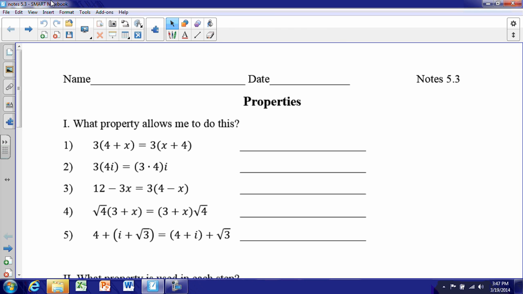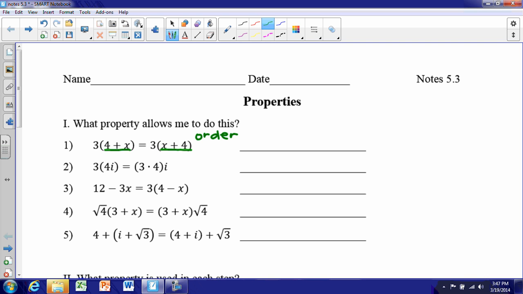So in example 1 here, we have to first figure out what is changed. If I compare the two sides, what I see that's different is the 4 plus x and the x plus 4. And what I notice is that the order has changed.